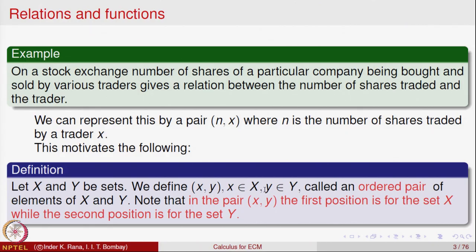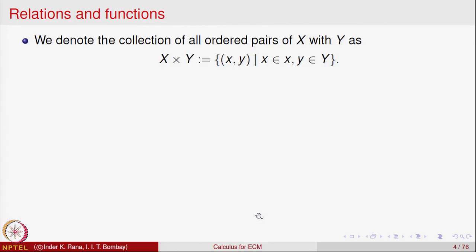The first one comes from X, the second one comes from Y. So, such a pair is called an ordered pair of elements of X and Y.